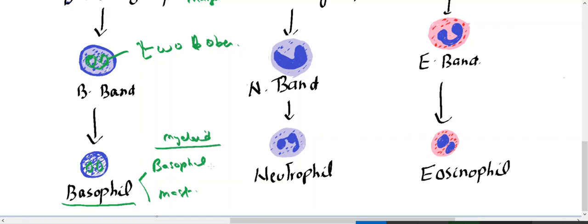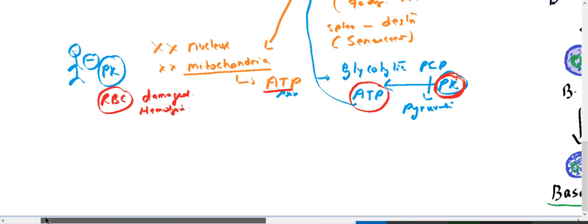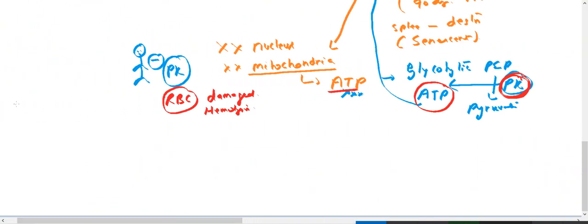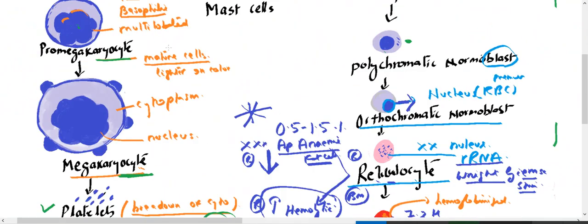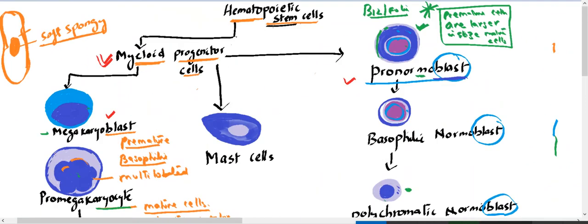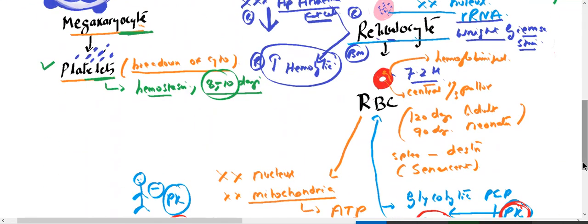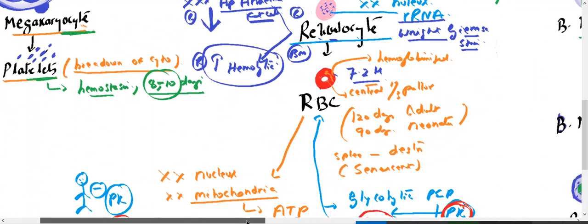It's very important to know that, because they arise from the same precursor, but they are not the same cell type. If you look at this one here, it is arising from the myeloid cells, but it is not the basophil. That is what I wanted to explain here.